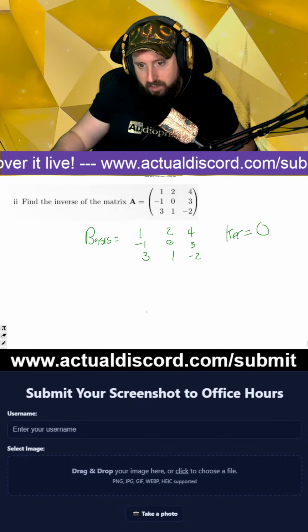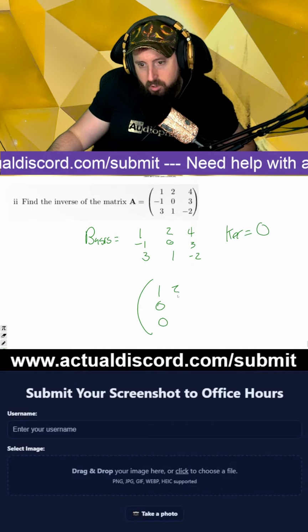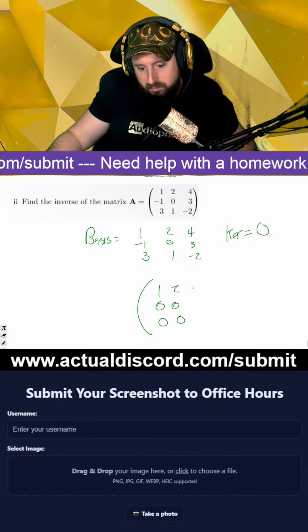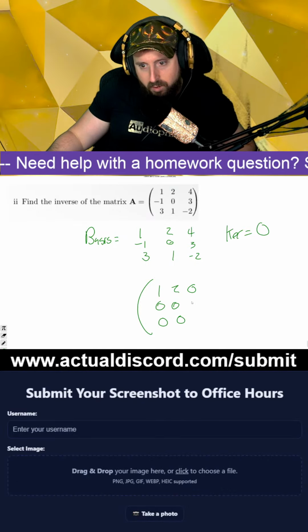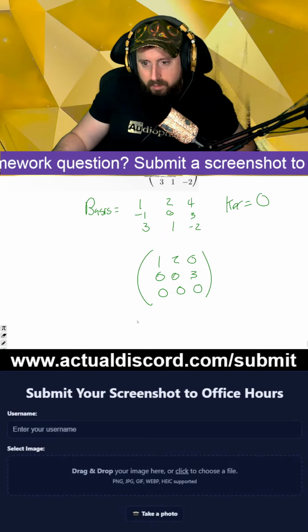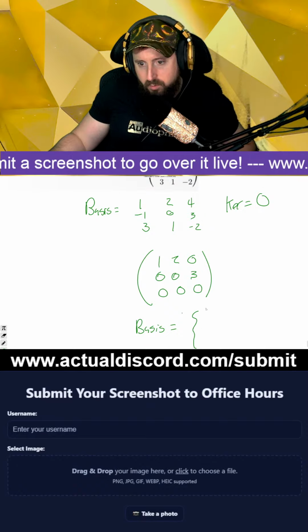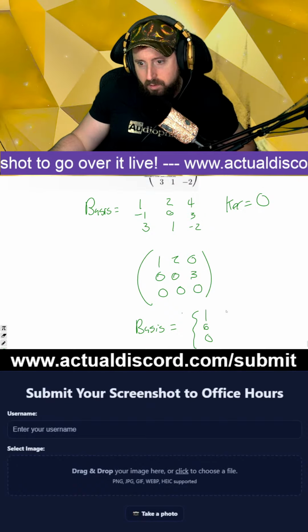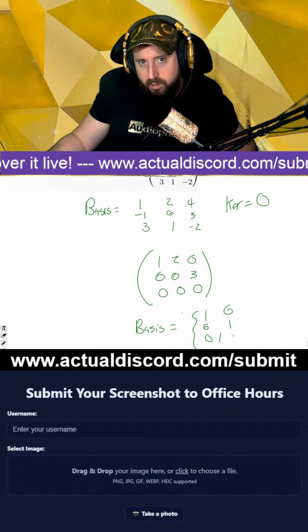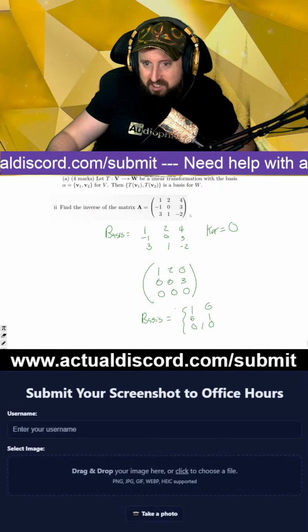But if you had a matrix like 1, 0, 0, 2, 0, 0, 0, 3, 0, this basis would be just 1, 0, 0 and 0, 1, 0. Yeah, the columns are bases if they're independent. I assume these are independent.